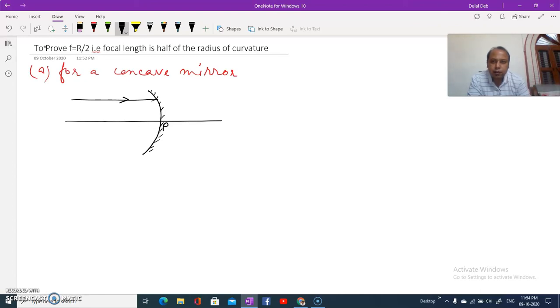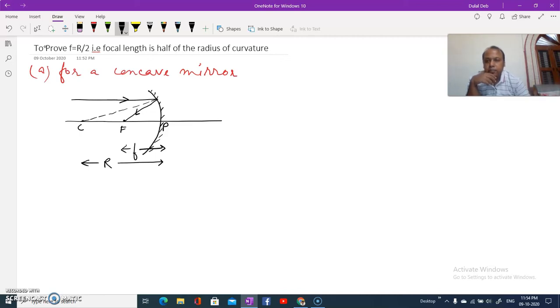From here, if we draw a normal, obviously we know that the normal passes through the center of curvature given by C. Now we will have a reflected light ray. This is the reflected light ray which passes through a point on the principal axis, which is known as principal focus, given by F. Here the focal length is represented by PF, which is given by small f, and the radius of curvature, which is PC, given by capital R.